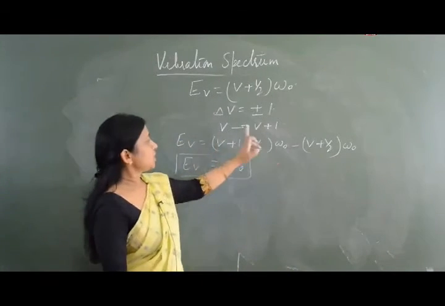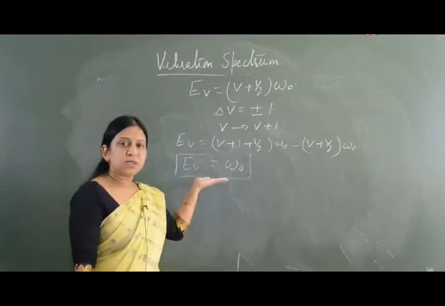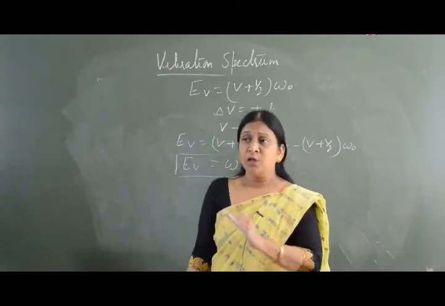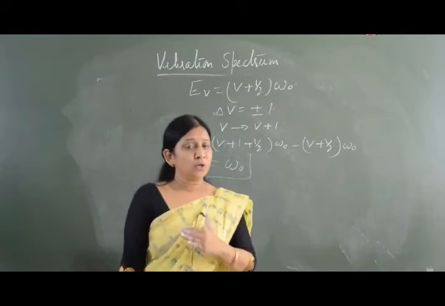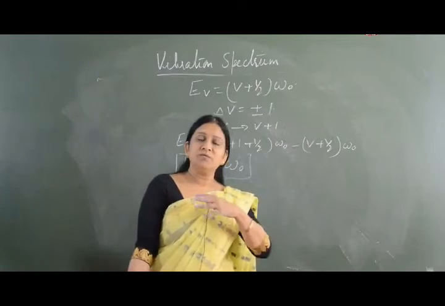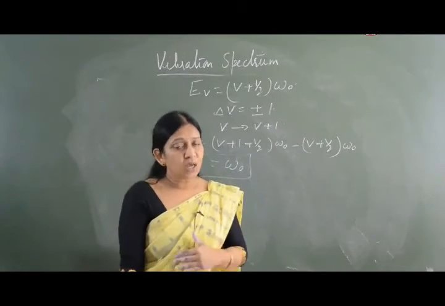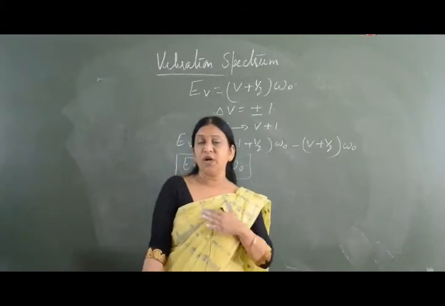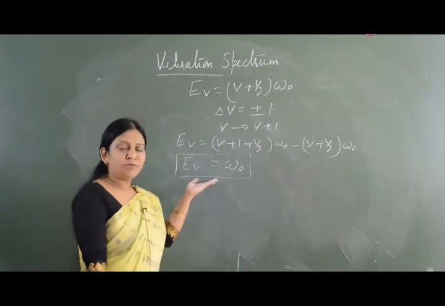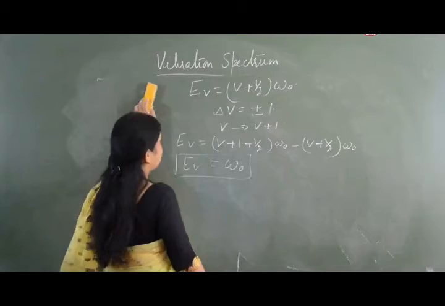So, when we show this transition, we arrive at this equation, and the meaning of this equation is that most of the molecules are present in their ground state, and the vibrations which they show are stretching vibrations. They are not going to give bending vibration. So, this is inferred from this equation.